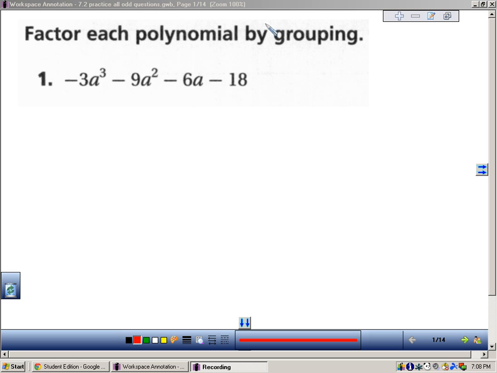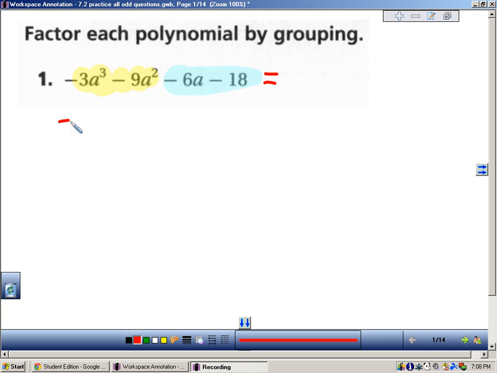When we talk about groups, we're talking about grouping symbols, parentheses or brackets. So I'm going to take the first pair of terms and group them using my parentheses or brackets.